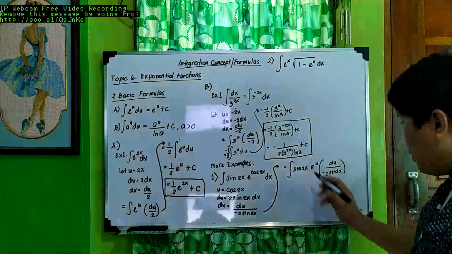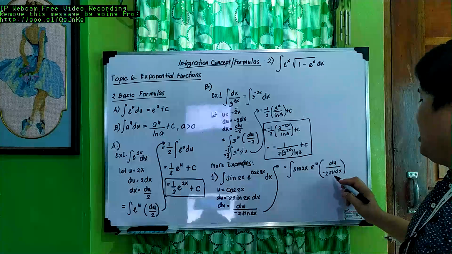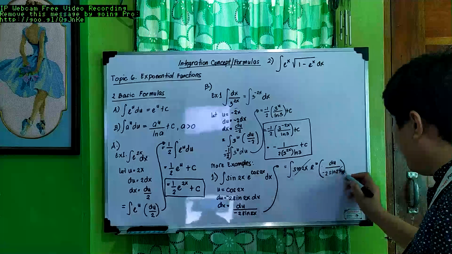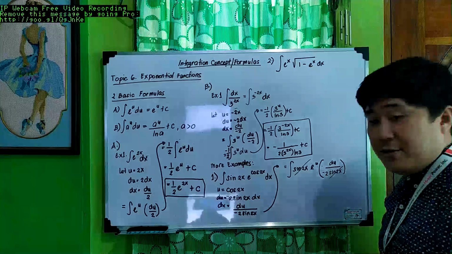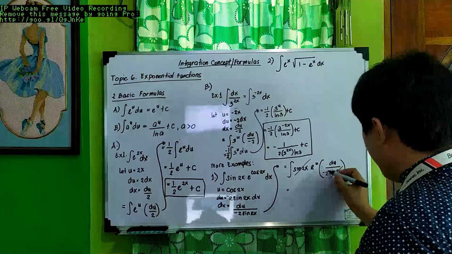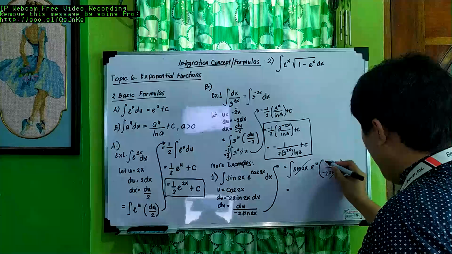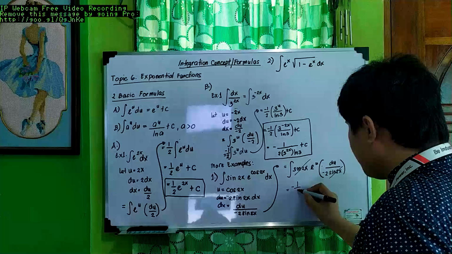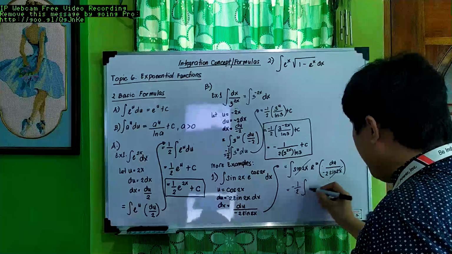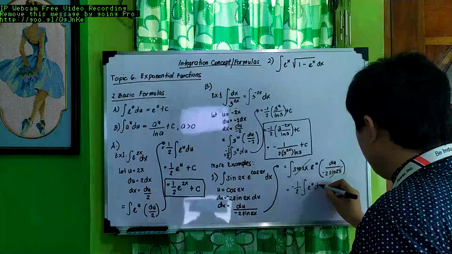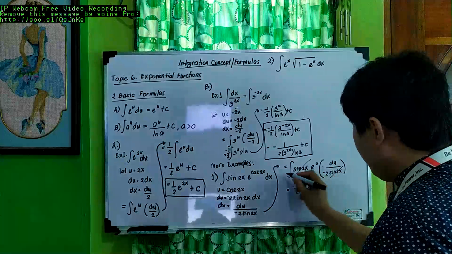If you could see, sine 2x here and 2 sine 2x there, you could cancel this sine 2x and this sine 2x. Okay? So from there, what remains is a constant negative 1 over negative 2. We'll move that one outside your integral sign. What remains is your e^u and your du. And your negative will be outside.